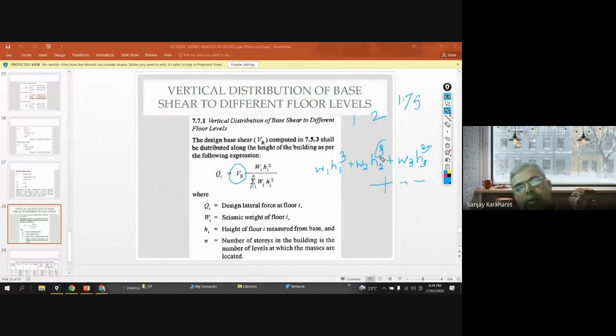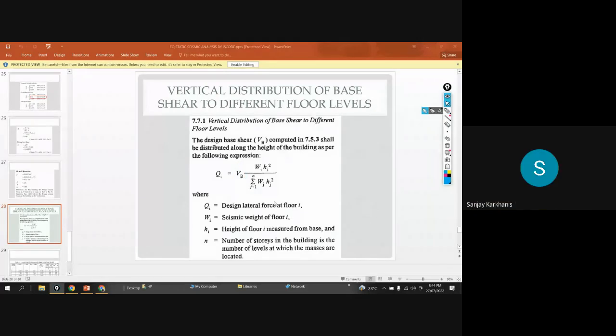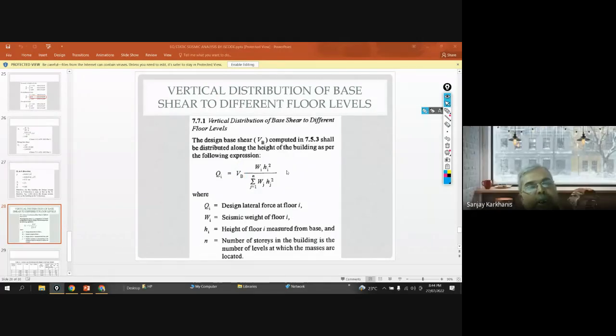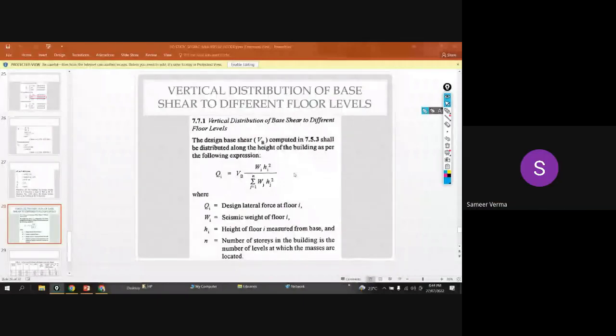So here it will be 1.7, right? So there are n number of distribution laws that people have generally used. Code has accepted this parabolic or quadratic distribution. That's why Hi raised to 2 and Wi raised to 2 and summation. Clear? Yes, sir.